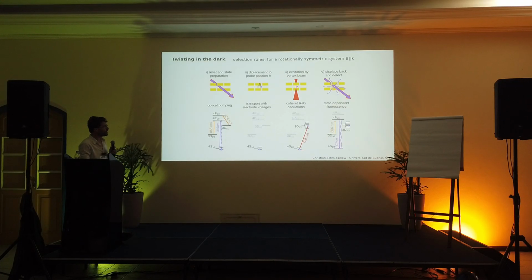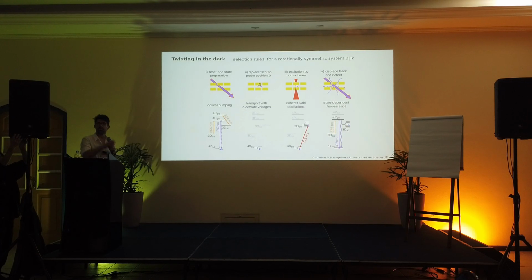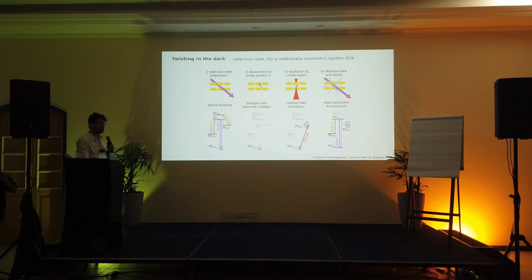Then afterwards, if you were tuned to the transition and the transition is allowed, you would have gone into this state. If you didn't go to that state, you stay here. Afterwards, you turn on these two beams and you observe fluorescence. If you made the transition to this state, your ion will be dark. If you didn't make the transition, your ion will be bright.